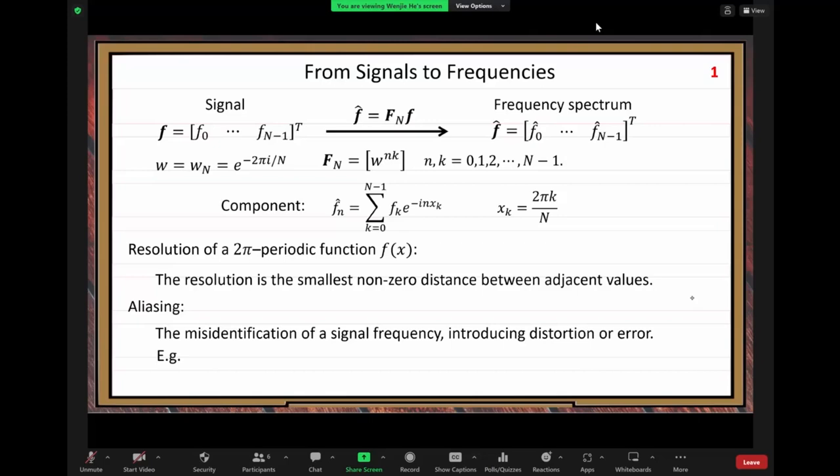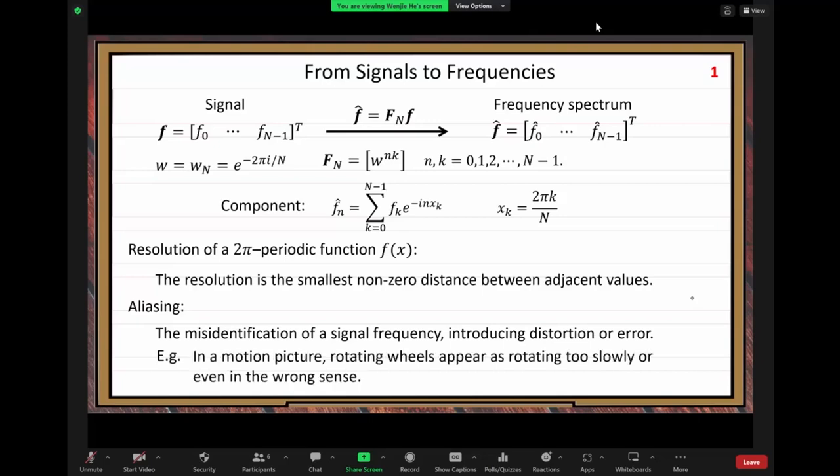Here is an example. You have that experience: in a motion picture, rotating wheels appear to rotate too slowly or even in the wrong sense. Sometimes you watch videos and the wheels turn in the opposite direction. That's due to aliasing, because of the misidentification of the frequency. Why? Because the resolution is too low.